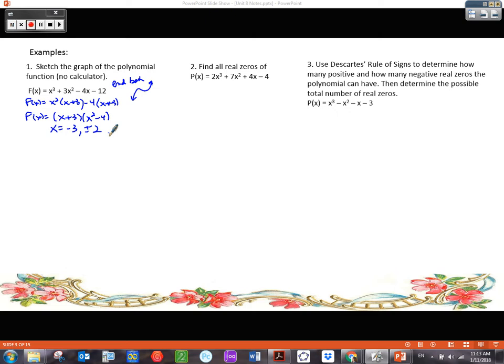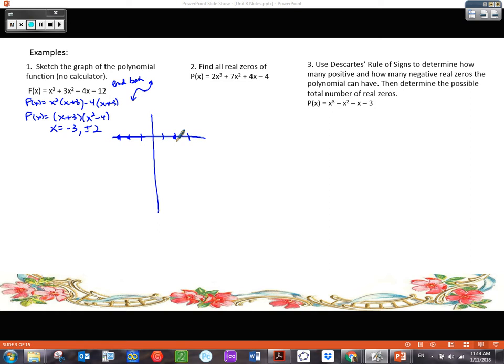So now let's start graphing. So I need to be sure I go over as far as negative 3. Okay, so we have a zero at negative 3, we have a zero at negative 2, and we have a zero at 2.